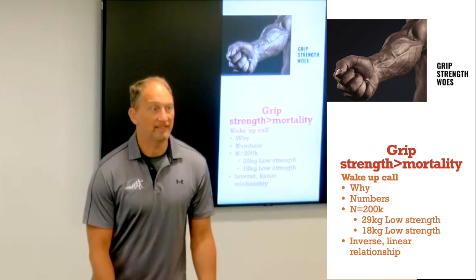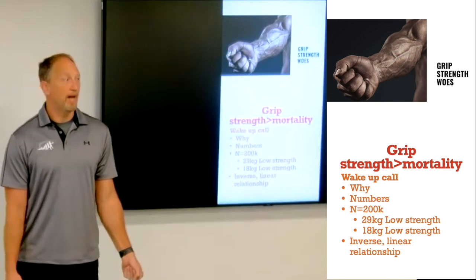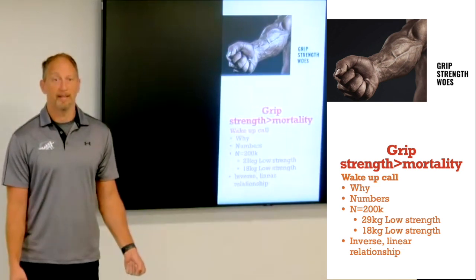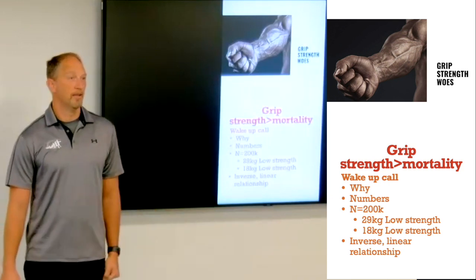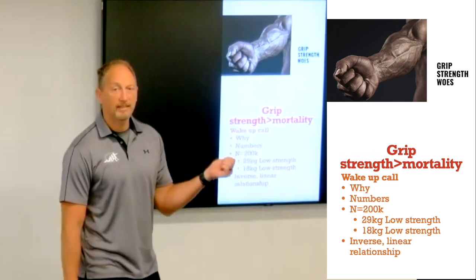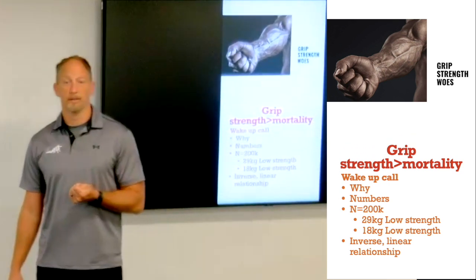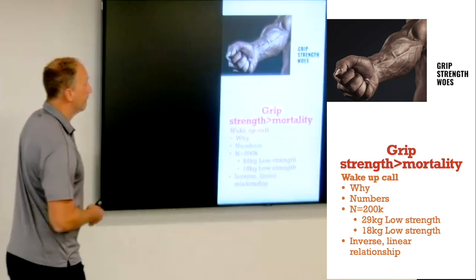What does that have to do with grip strength? Well, if I'm picking up my body weight dispersed between two hands, I need about 50% on my right hand, 50% on my left hand. So for me, I need a grip strength of at least 120 pounds on my right hand and at least 120 pounds on my left hand. That's where those numbers come from from a day-to-day movement standpoint.